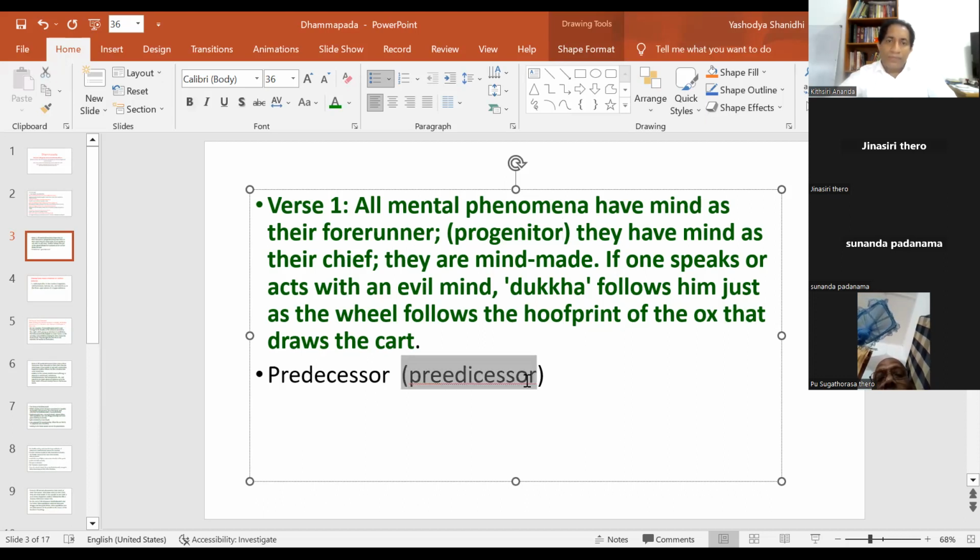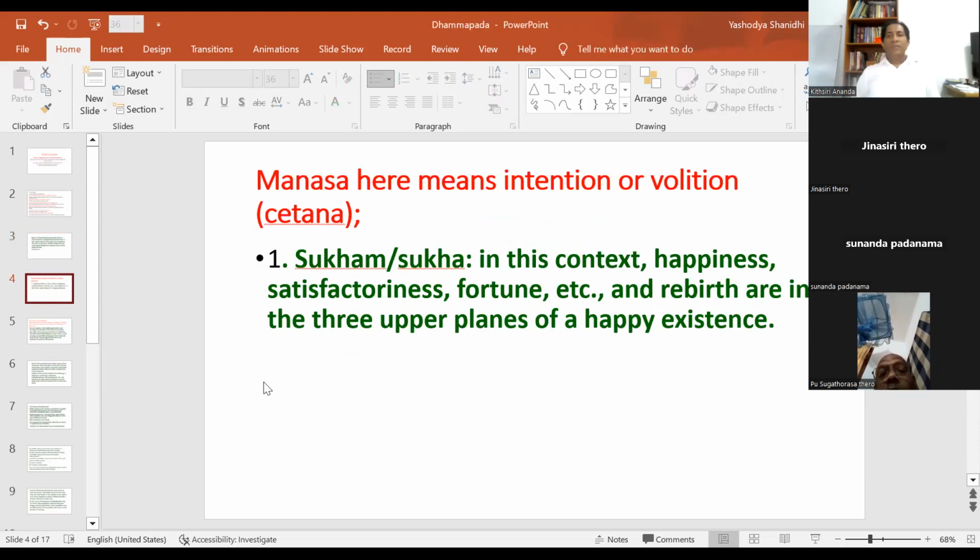So sometimes we can call them predecessors in place of progeny. Manasa here means intention or volition, chetana. Sukha in this context is usually translated in English as satisfactory, fortune, agreeable feelings, pleasant experiences.